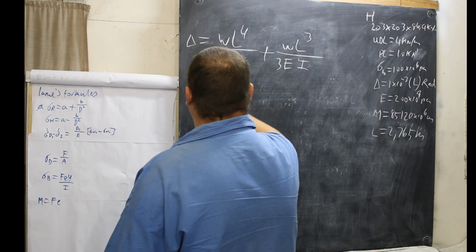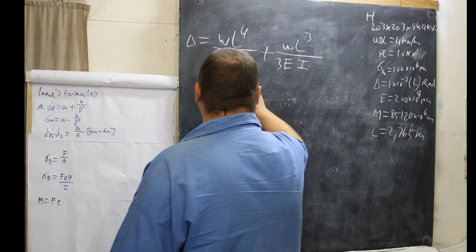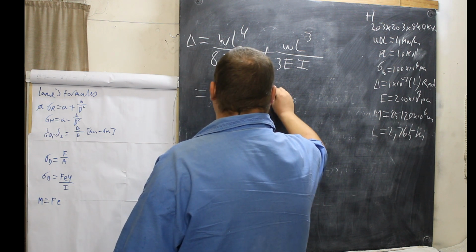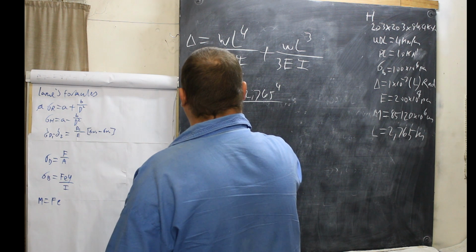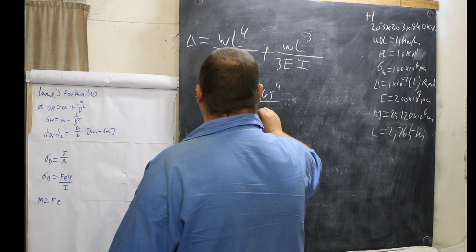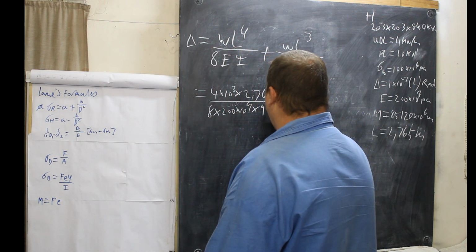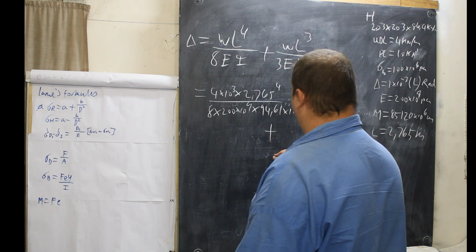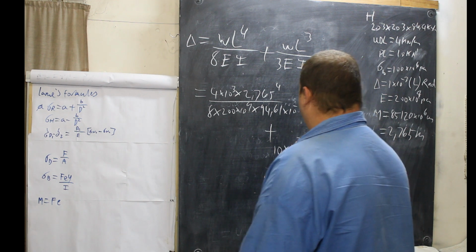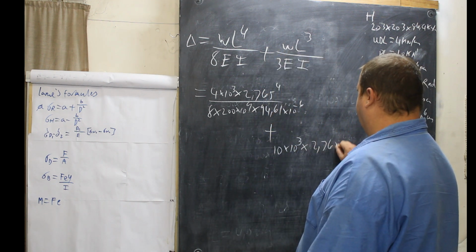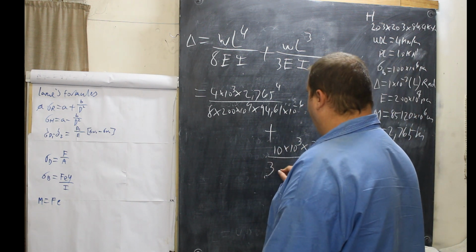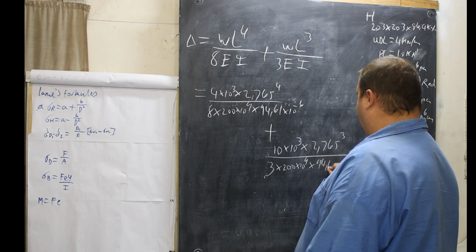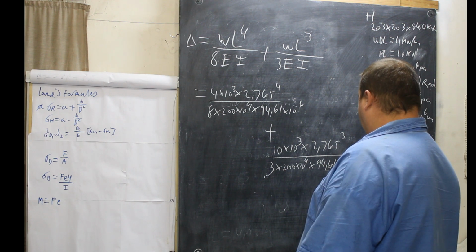So this is 4 times 10 to the 3 times 2,765 to the power 4 over 8 times 200 times 10 to the 9 times 94,61 times 10 to the minus 6 plus 10 times 10 to the 3 times 2,765 to the power 3 all over 3 times 200 times 10 to the 9 times 94,61 times 10 to the minus 6.